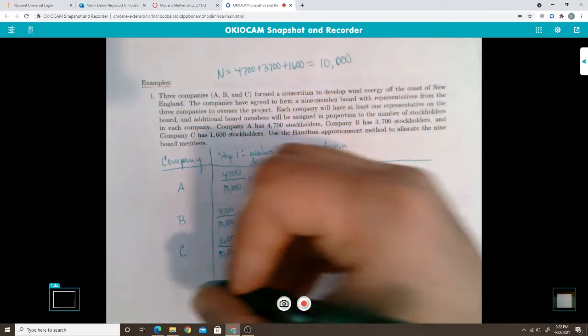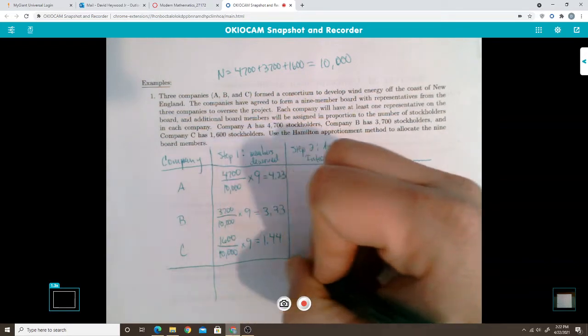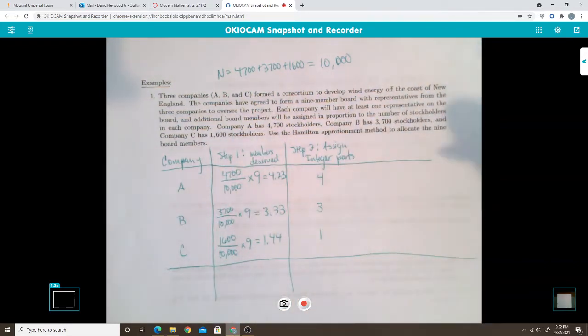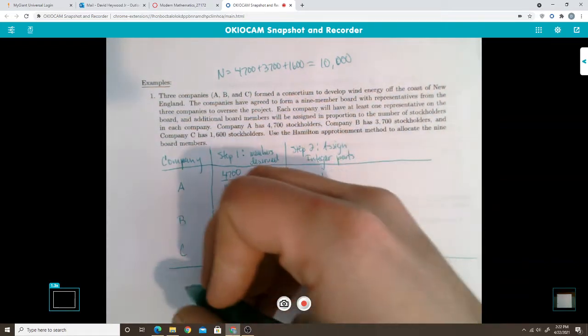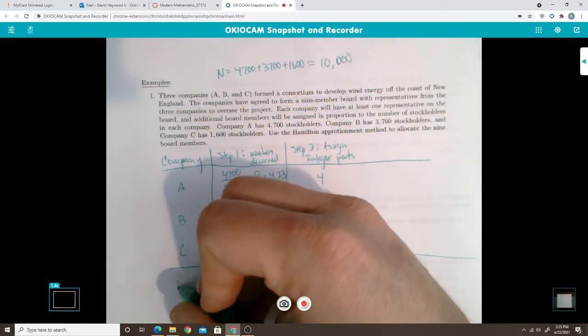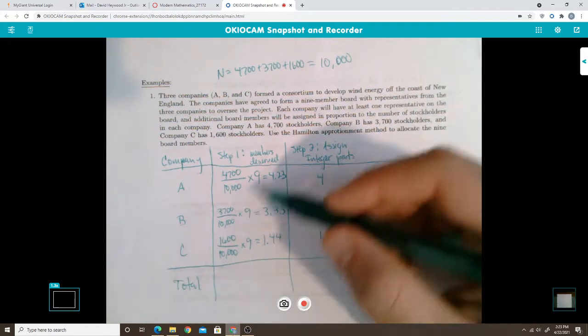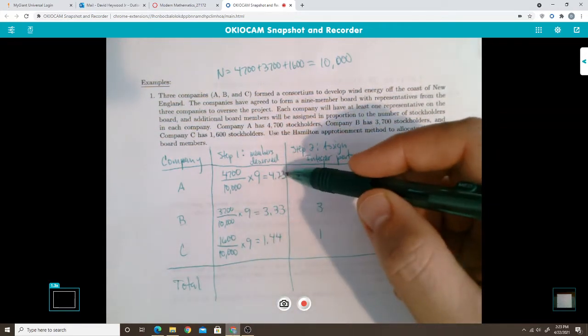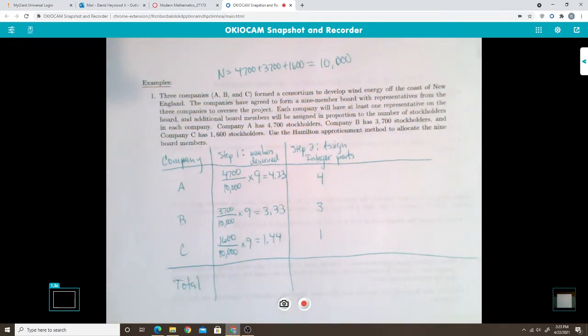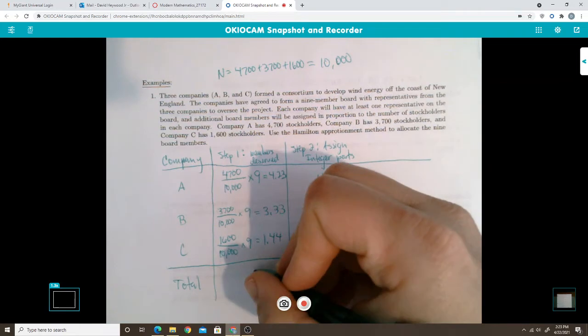Okay. Now, to determine if we need to make any more assignments, we need to look at some totals, right? So the total number of members deserved would be 4.23 plus 3.33 plus 1.44, which comes out to exactly 9, right?